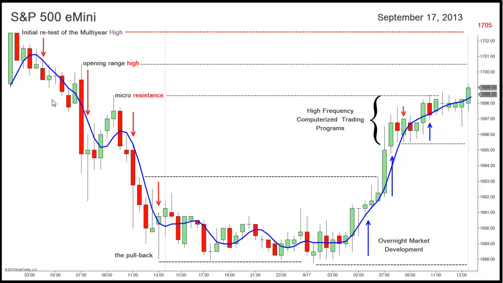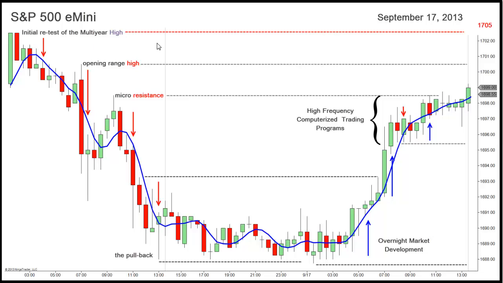2013. On Sunday, S&P futures gapped up above Friday's close and traded above last week's high at 1684 and rallied up at or near the multi-year high at 1705. Sunday's Globex rally represented the initial retest of the multi-year high.